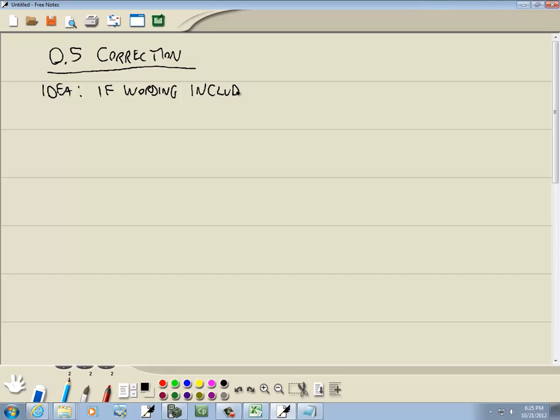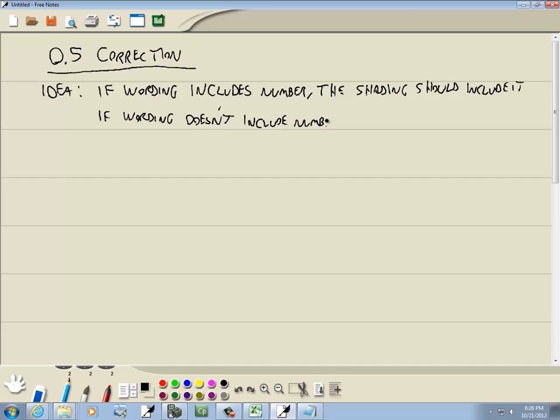If the wording includes a number, the shading should include it.